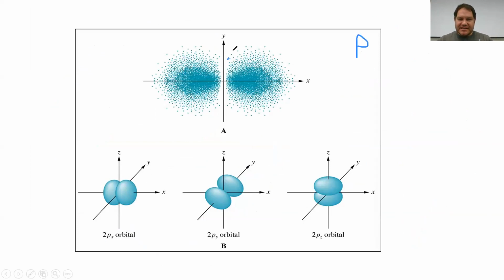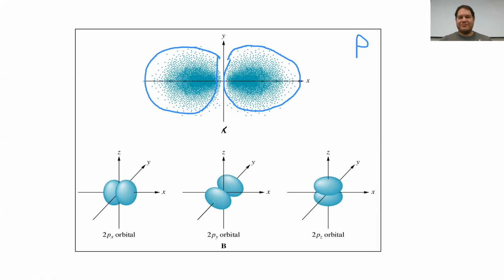Here's the probability, and you get a lobe here, and a second lobe that looks like this. So a p orbital has two lobes. Right in the center here, there are no dots, so there's no probability that an electron can exist in this space at all. An electron can be either in this lobe or in this lobe, but never in between the two lobes.